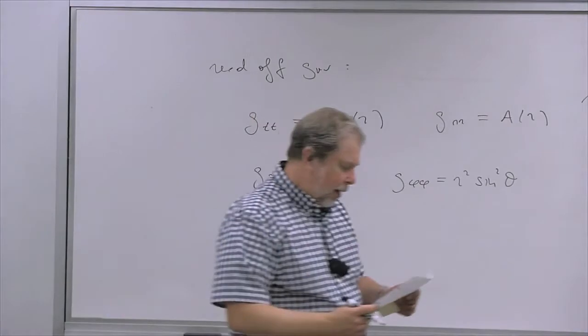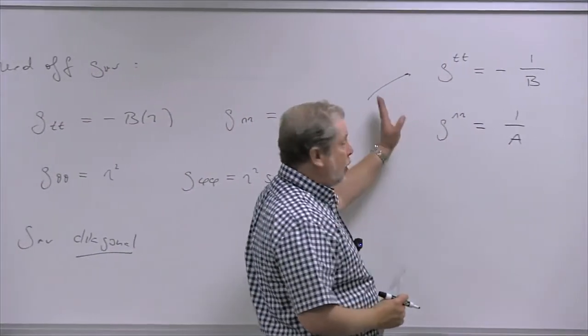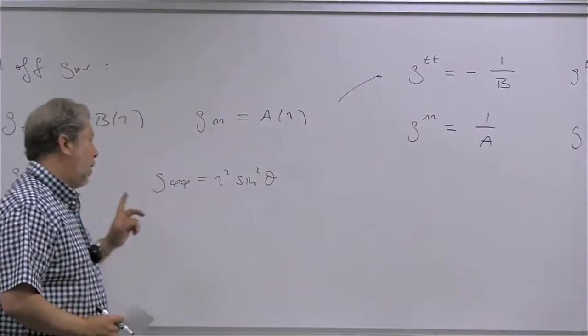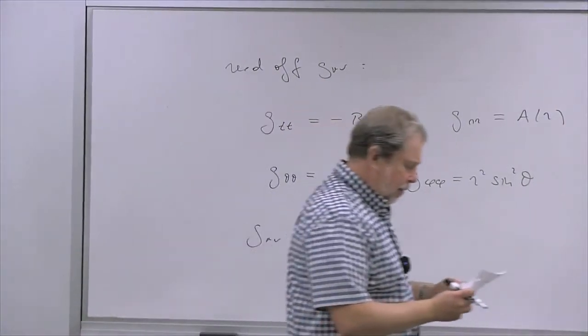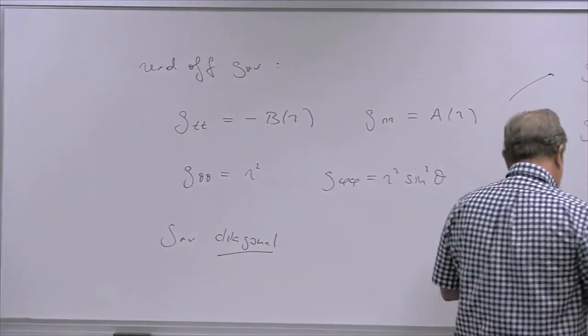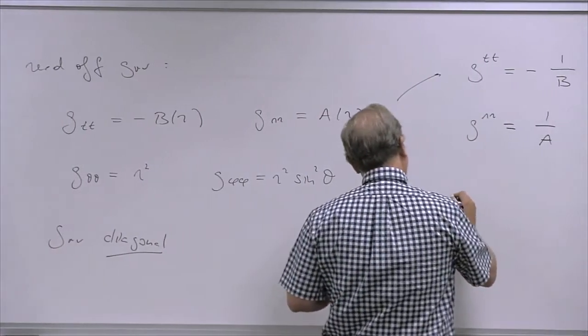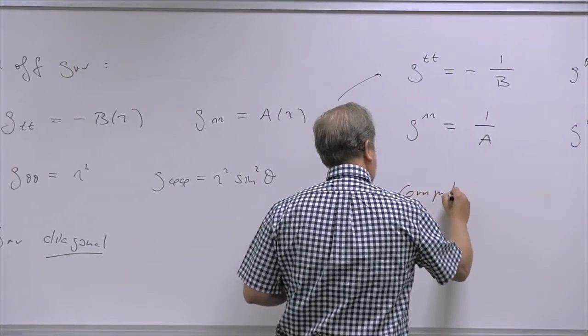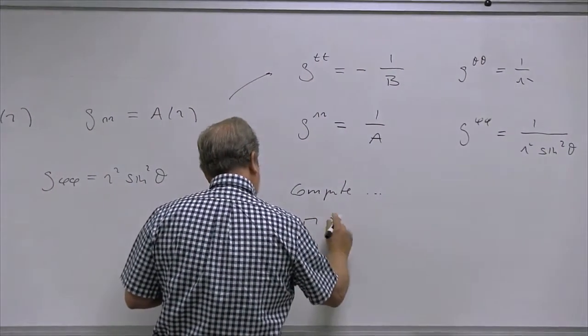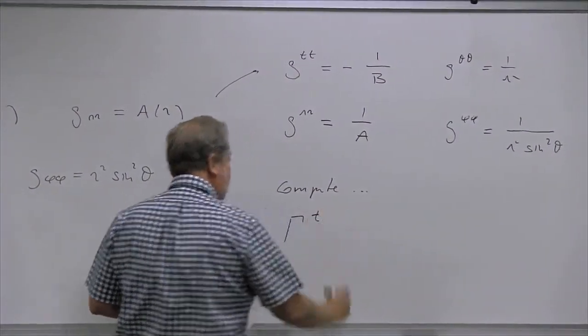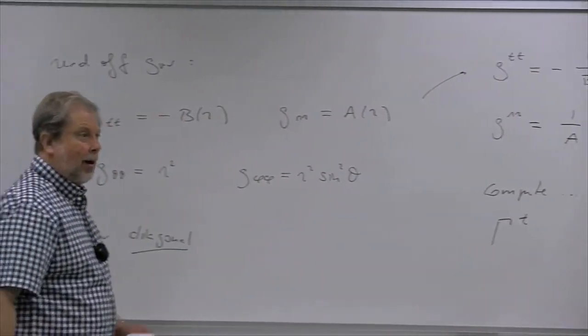And you can work out, for example, a determinant. Well, the determinant is just a product of these along the diagonal, the non-zero matrix elements. And now you can start calculating. So, for example, we're going to use indices that are t, r, theta, and phi.